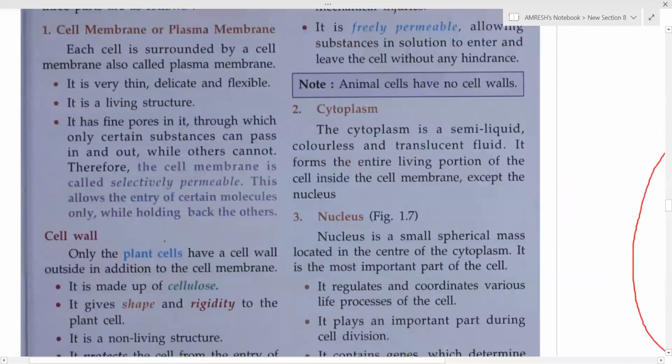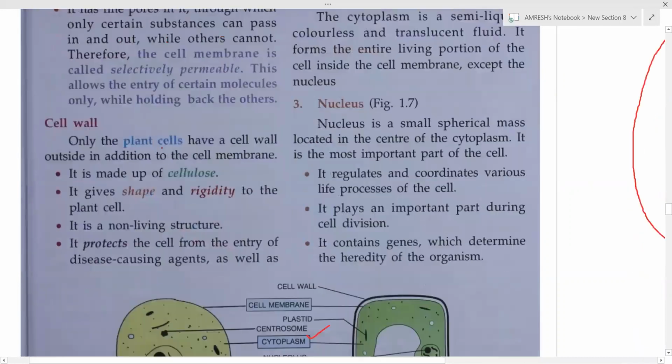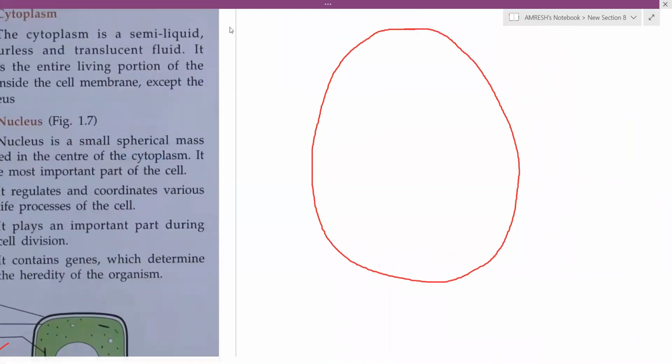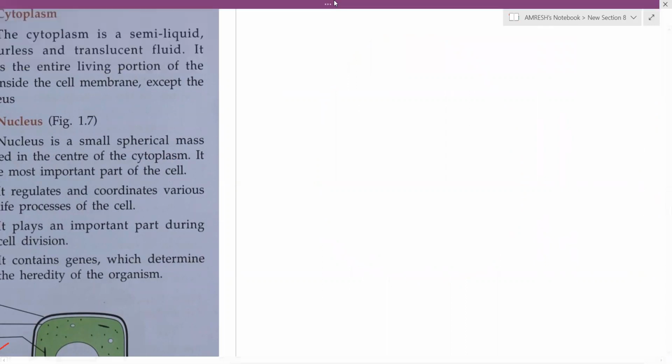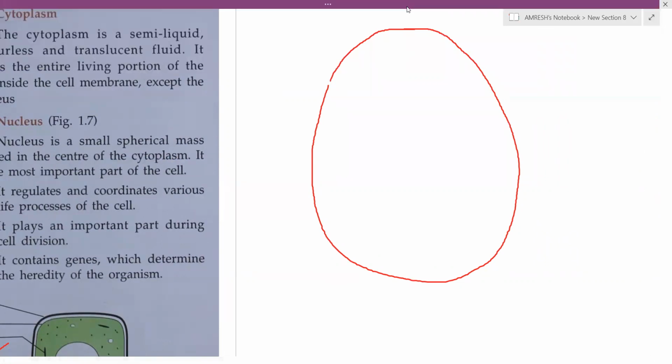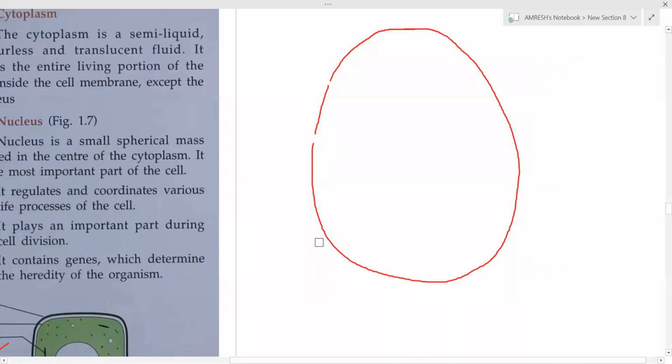What are the characteristics of the cell membrane? It is very thin in nature, delicate and flexible, living in nature. It has fine pores.